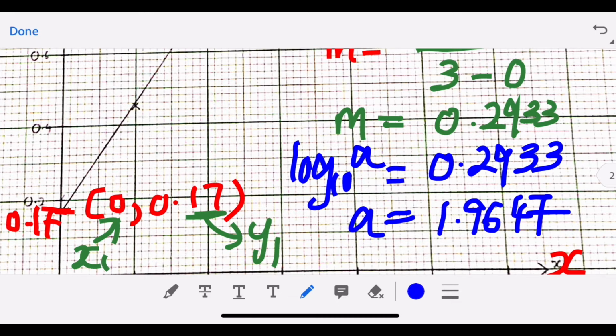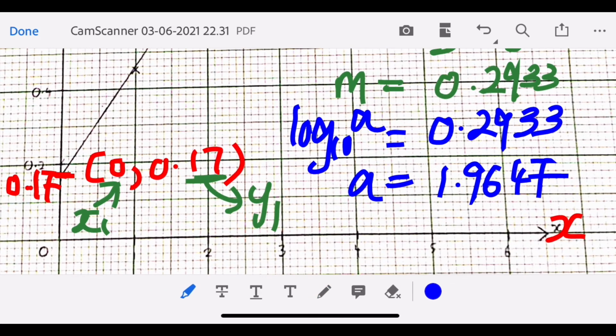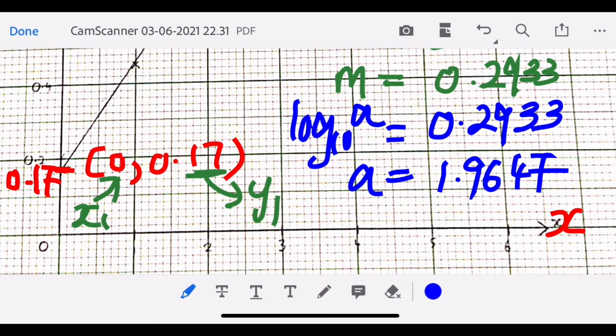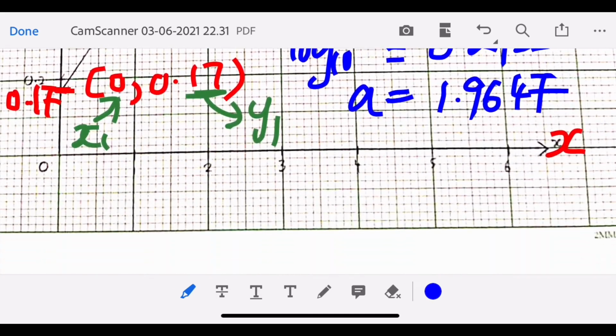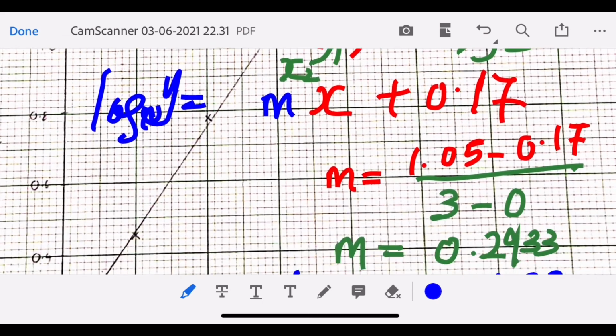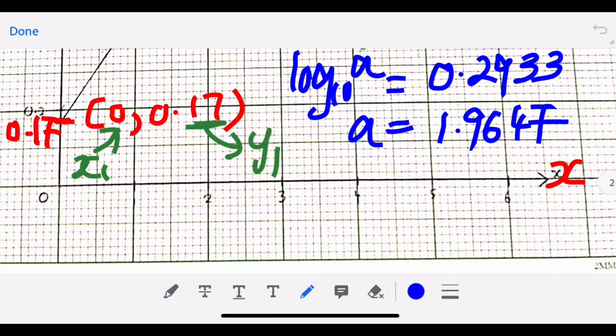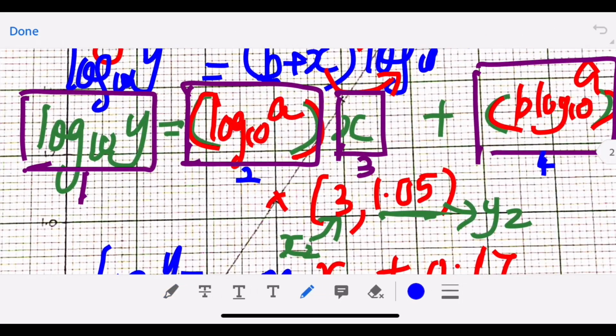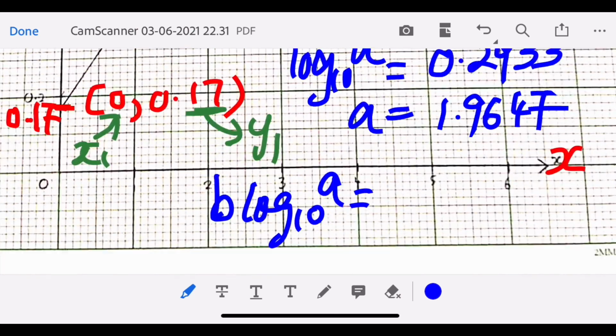Then for b, we have to find the constant, which is b log 10 a. So b log 10 a is equal to c, while log 10 a is equal to m.